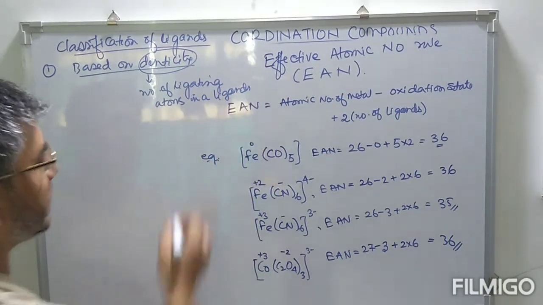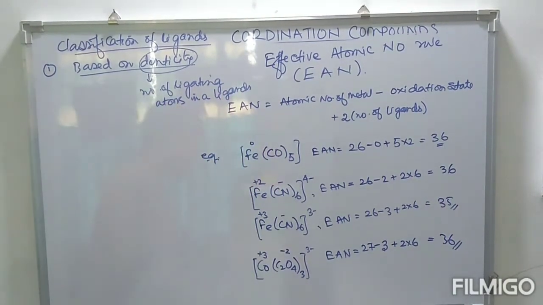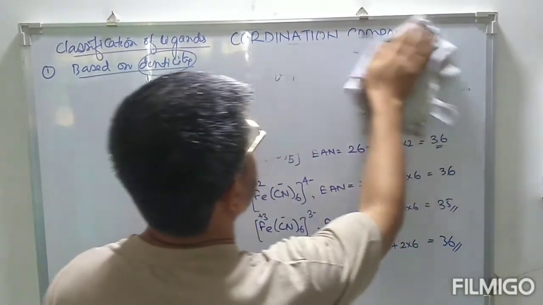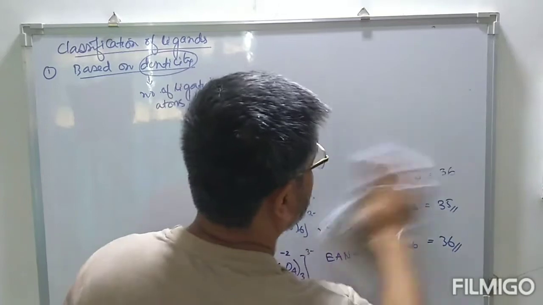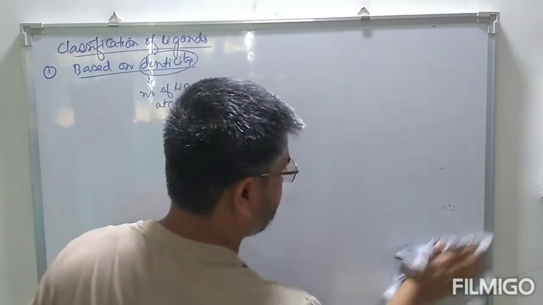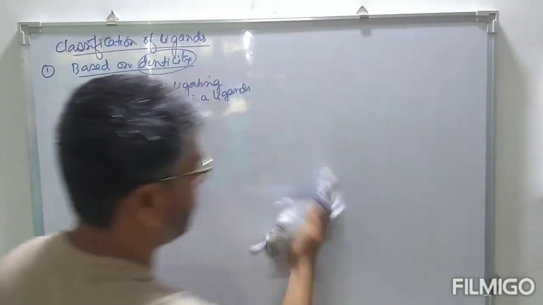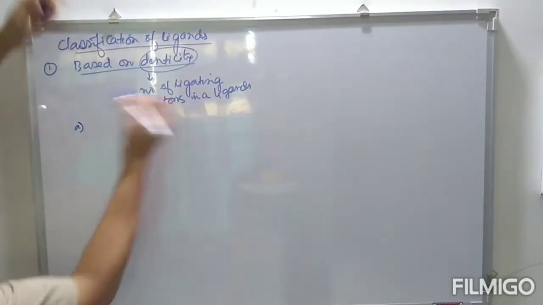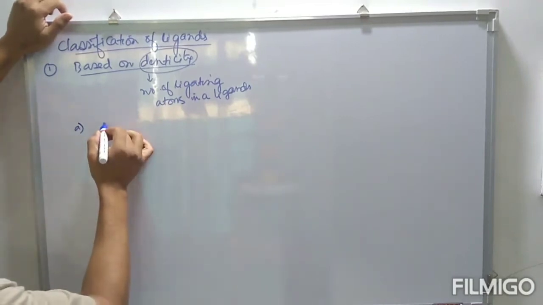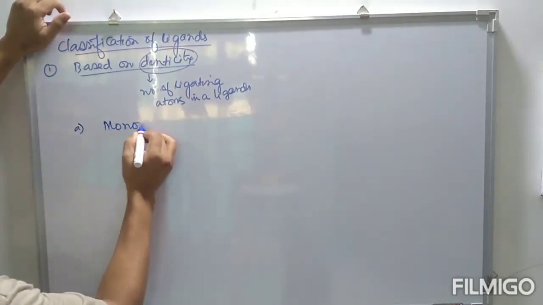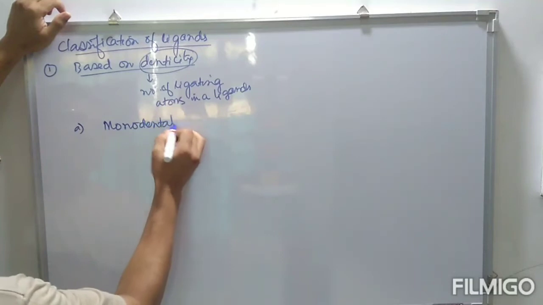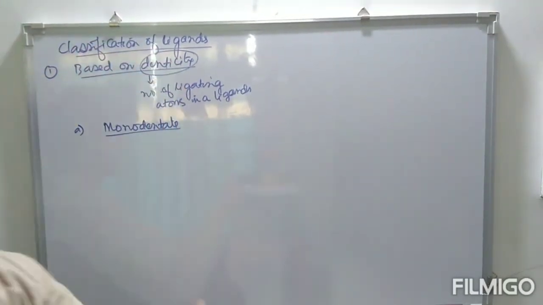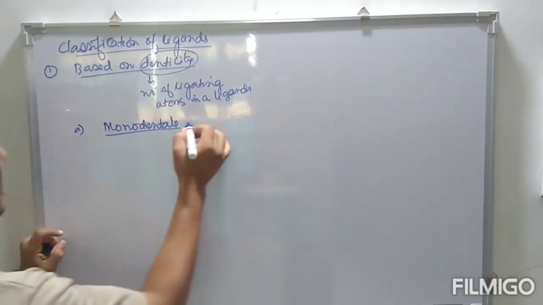How many ligating atoms are present in a given ligand, that is known as the denticity of the ligand. So based on this denticity, ligands are classified as monodentate. That means the number of ligating atoms present in the ligand is 1, denticity is 1.